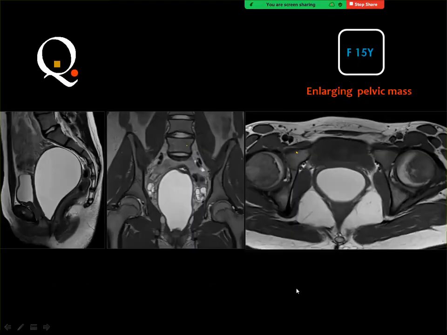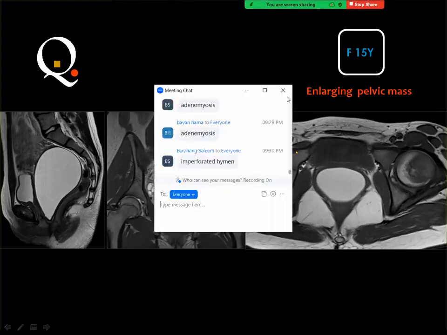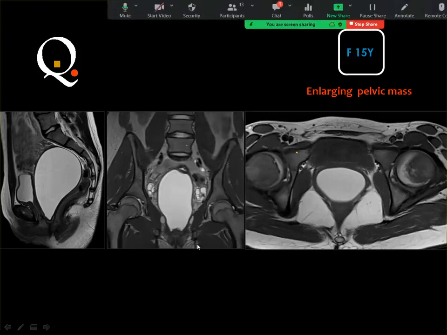Then the next case is a 15 years old female with enlarging pelvic mass. Imperforate hymen with hematometria and hematocolpus.